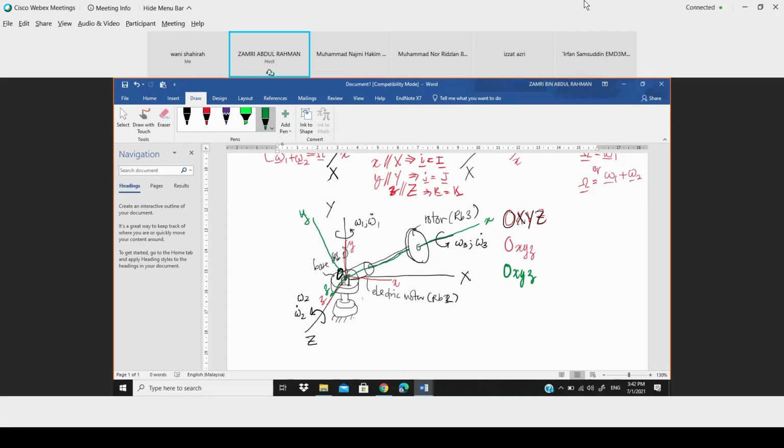Yeah? Okay. We can choose such that for the red color, your omega can be just equal to omega 1, while the green color, you can choose it to be omega equal to omega 1 plus omega 2.